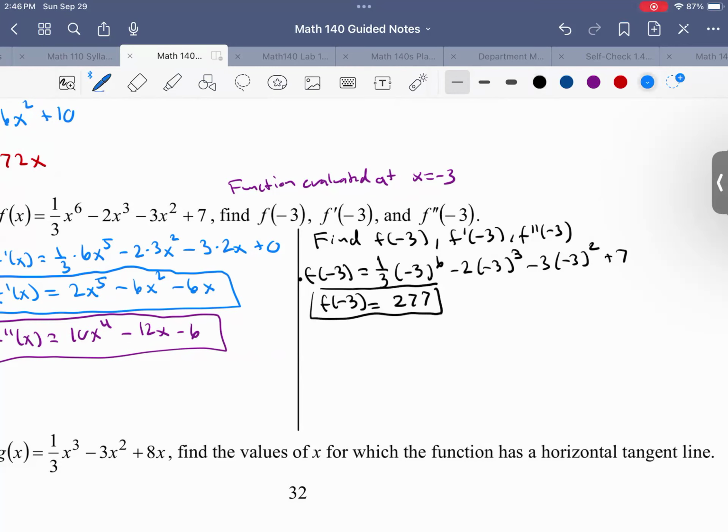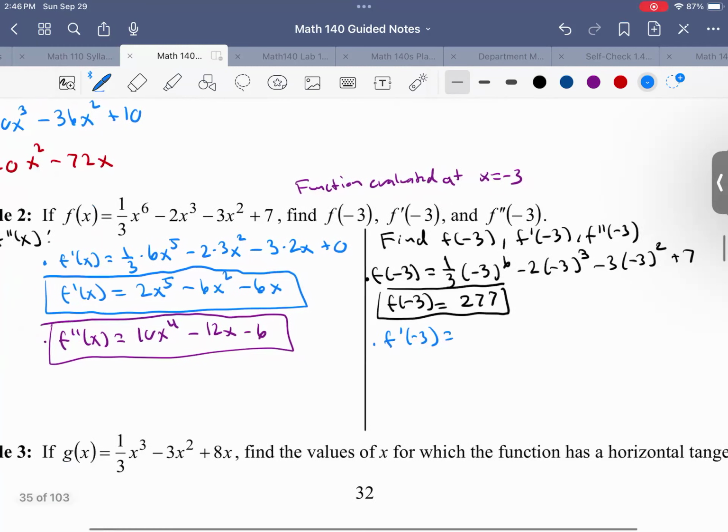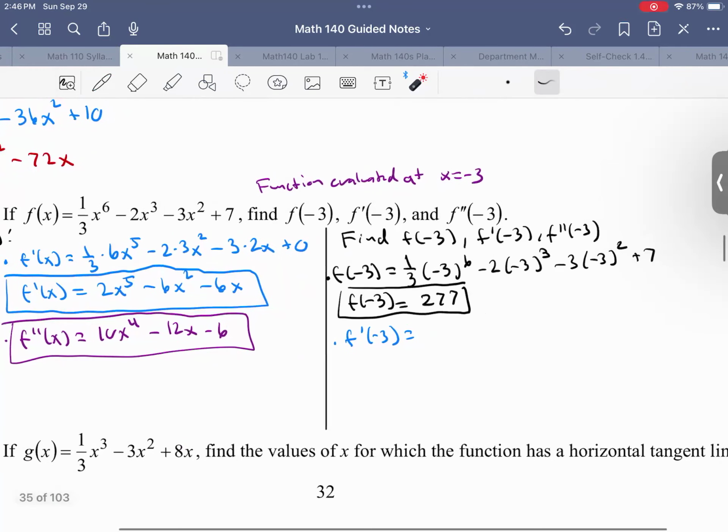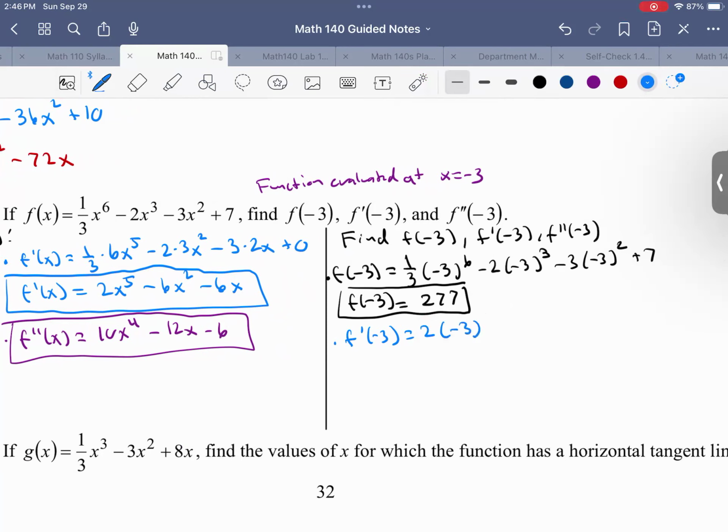So let's go ahead and check out f prime of -3. So now I'm going to plug that into our derivative, same color coordination. All right, so that would be 2 times -3 to the 5th minus 6 times -3 squared minus 6 times -3.